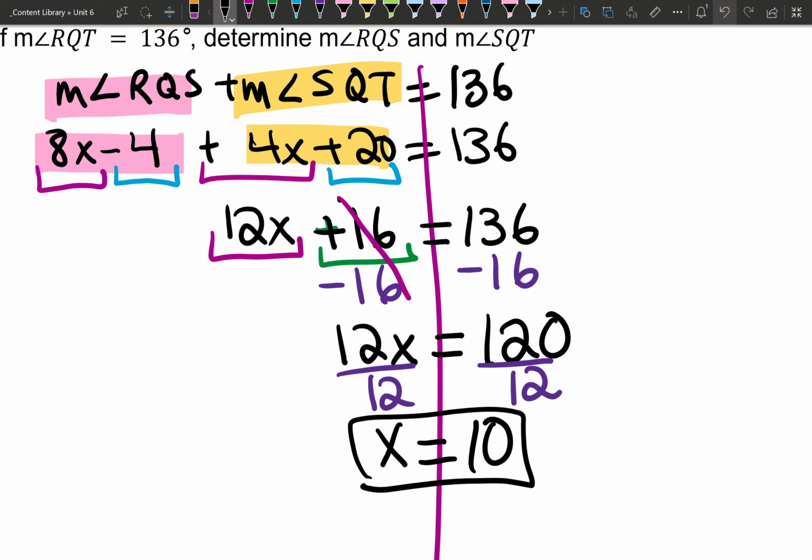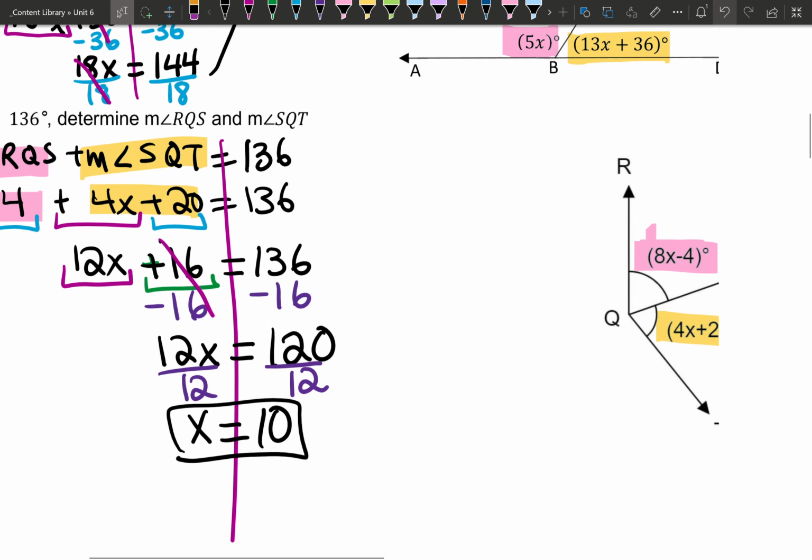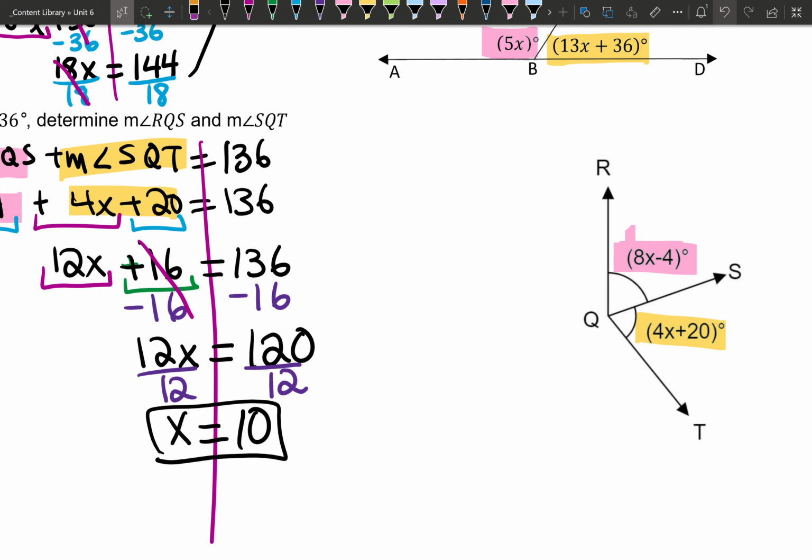Again, I don't remember if I changed the instructions on the copy that I have at work. So let's find out what both of these measures are. I don't remember if I changed it to say x equals or to find x or if we're still finding the measures. Okay, well, let's find what RQS is.